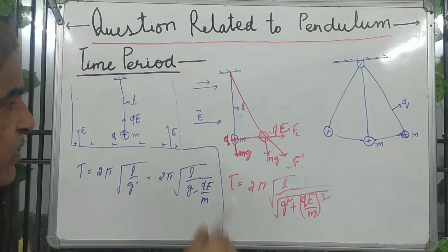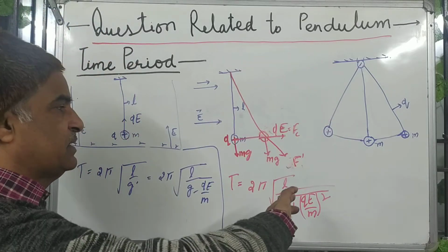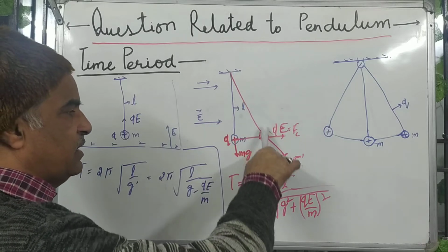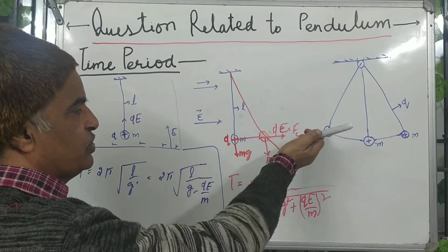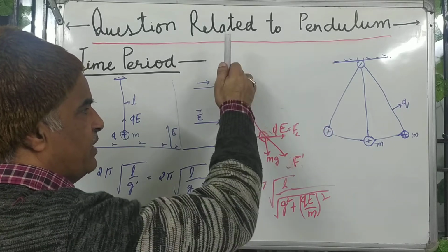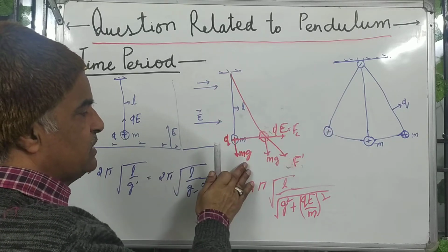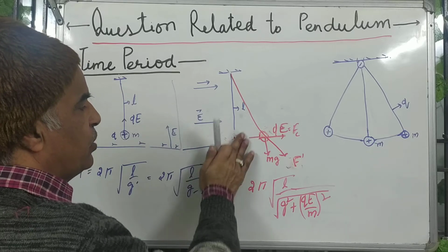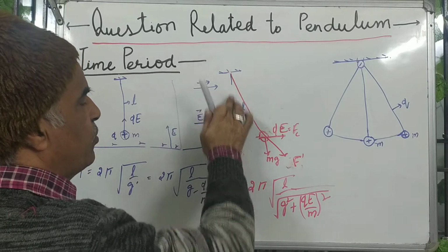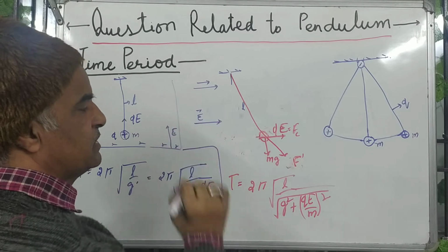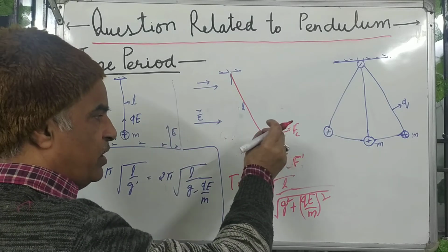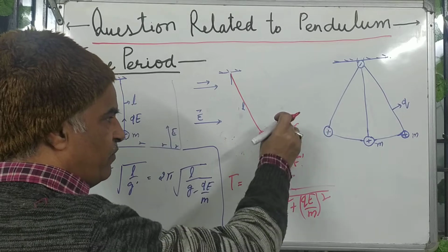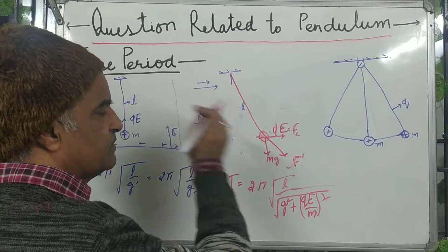And the pendulum in equilibrium state will settle like this. Now the pendulum will not be over here; due to the force acting, the pendulum will be like this. This is the state of the pendulum, and if we displace it, it will oscillate like this.